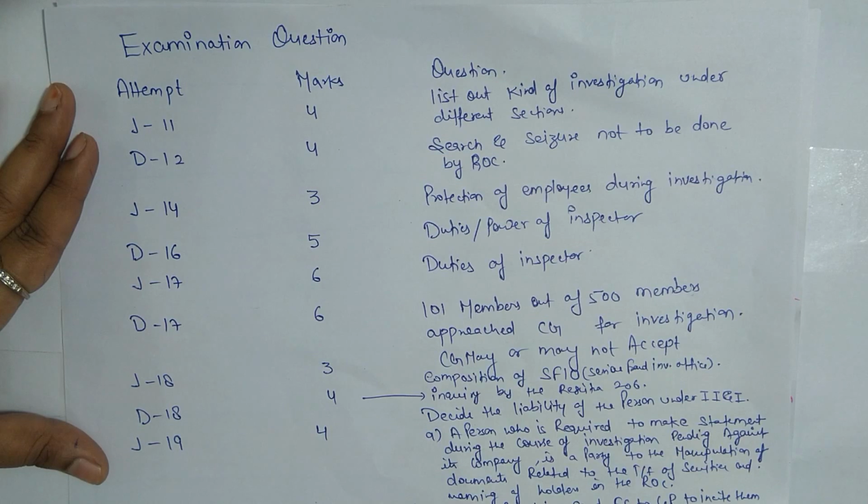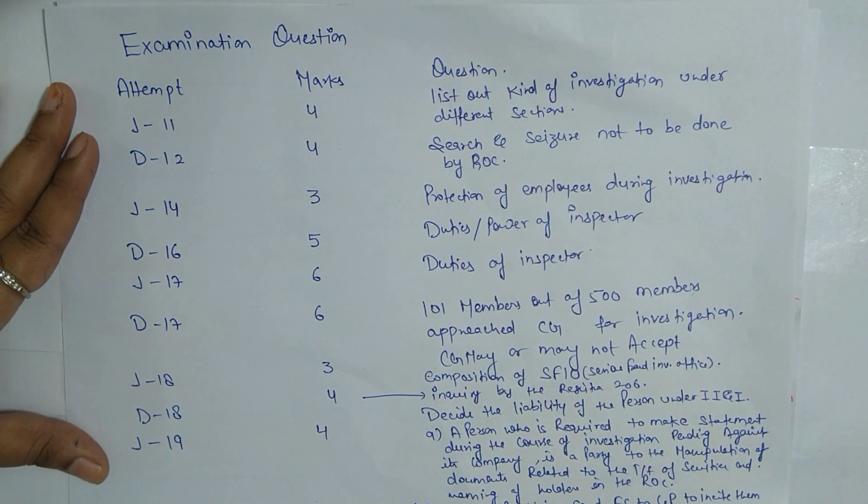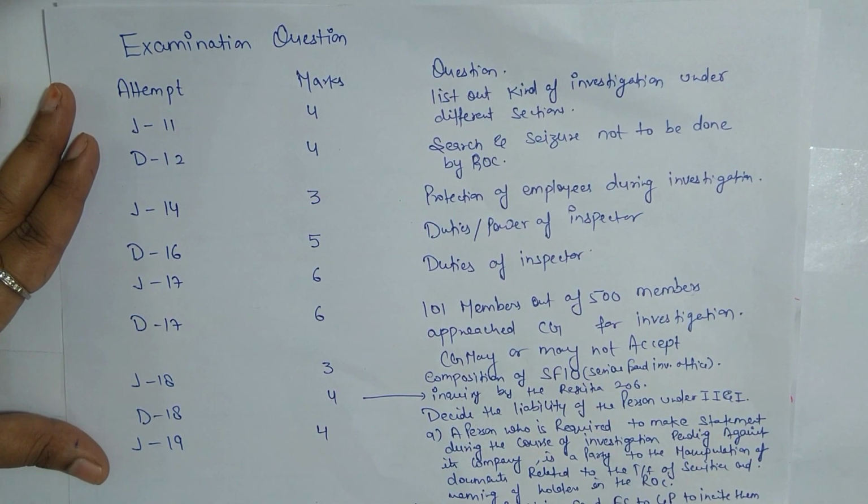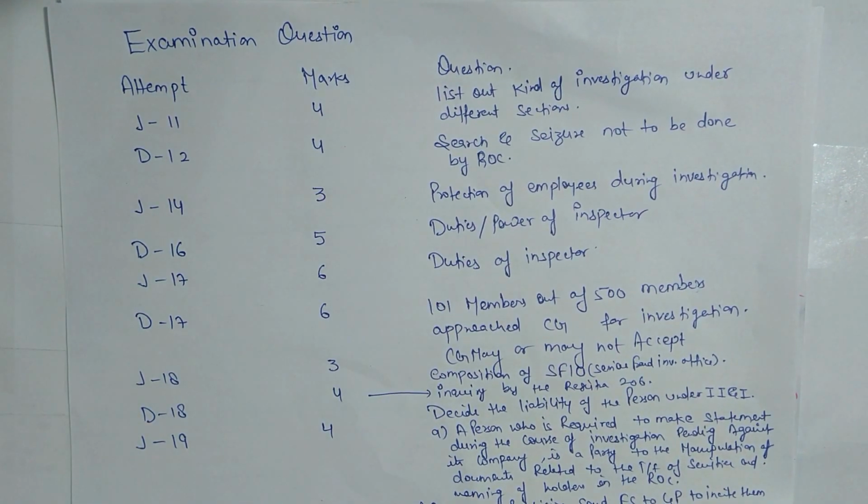The second question: an employee publicized a sound financial statement to the general public to incite them to purchase shares, while actually the company is in loss. You have to give the liability that arises against that party.